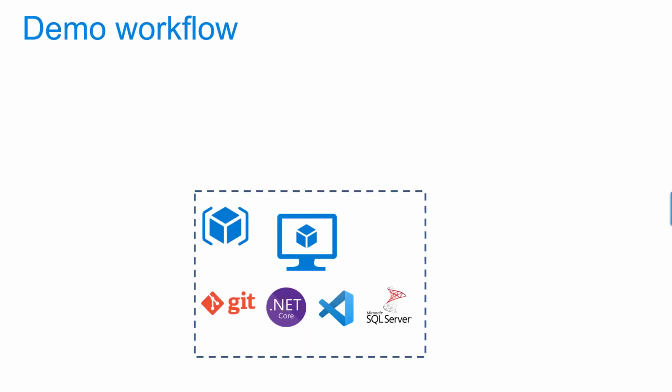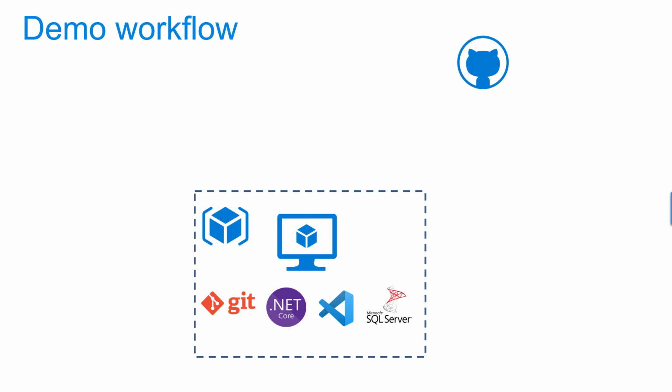So first we will have our machine which has all the prerequisites for developing ASP.NET Core. If you don't know how to prepare the machine, there is another video that will show you how to prepare your machine. So I have all these components installed on my machine. Then the next step is to get a sample code from GitHub, a sample application which is a to-do list.